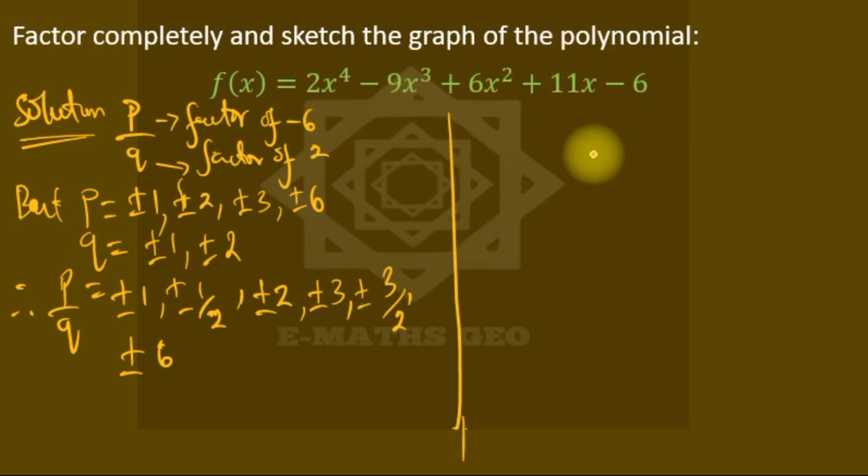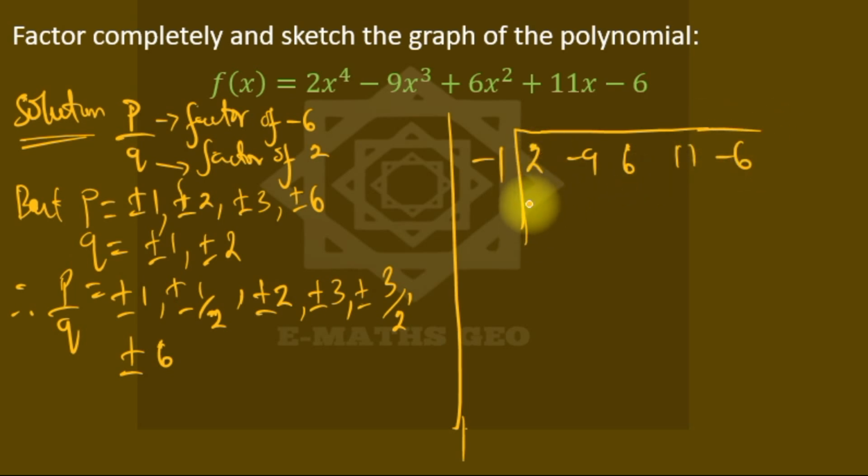So using synthetic division, I will test using -1. So I will first root to test. Let me use -1. Taking the coefficients of this, I have 2, -9, -6, 11, and -6. If the remainder is 0, it means there is a factor.